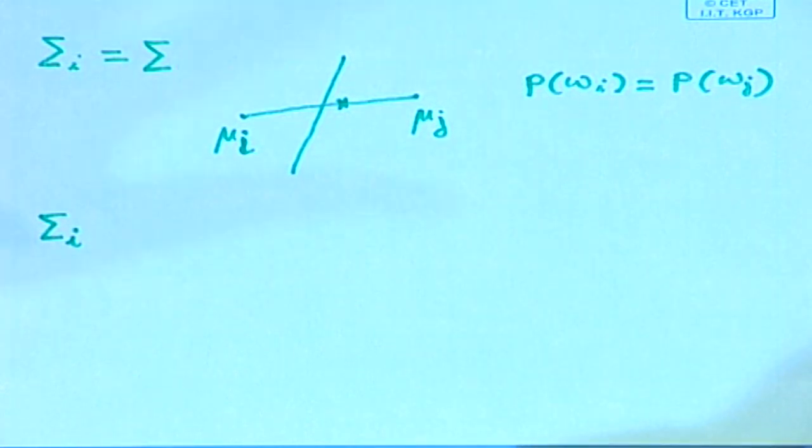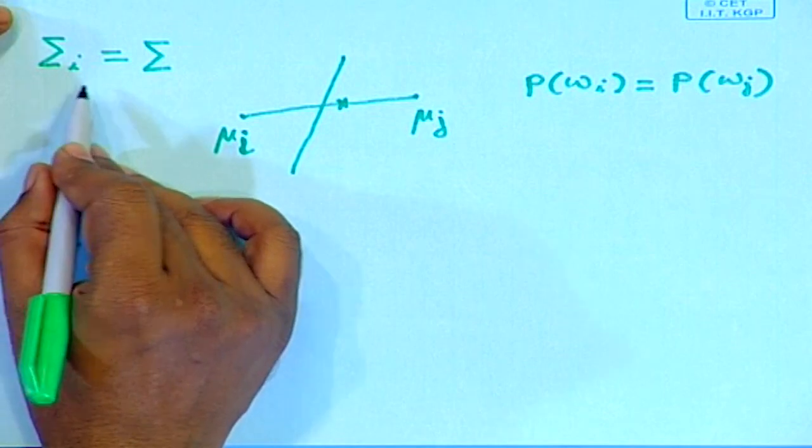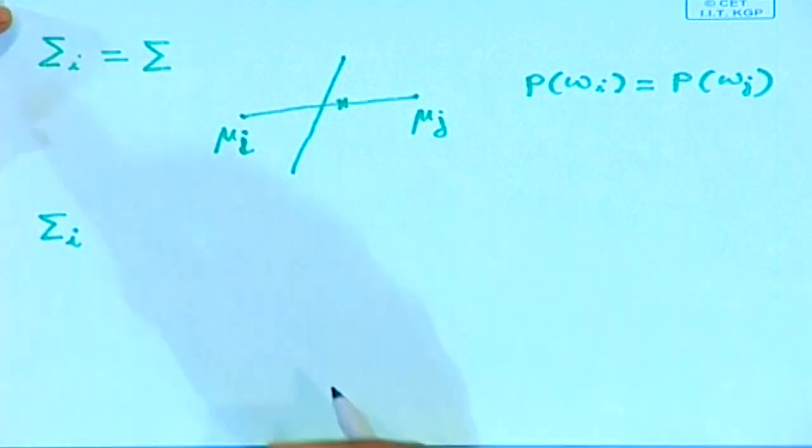So for the ith class, I will have one covariance matrix, for the jth class, I will have another covariance matrix. That effectively means that the clusters, or the points, vectors belonging to different classes, are clustered into hyperellipsoidal spaces. In the second case, the hyperellipsoidal spaces are of the same shape and same size.